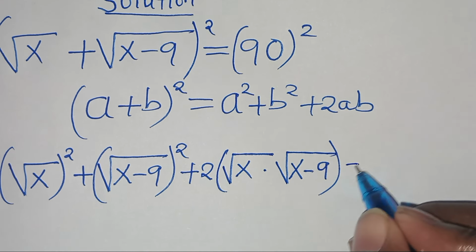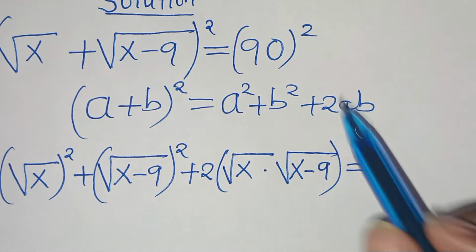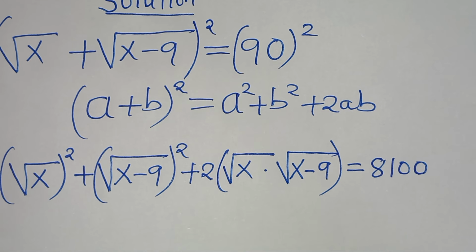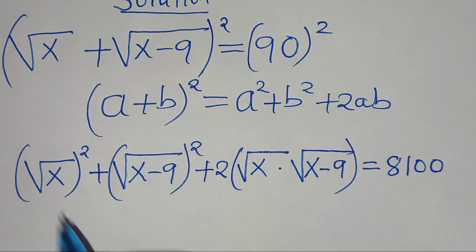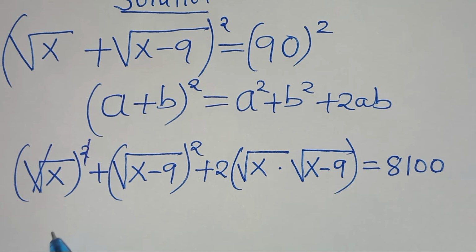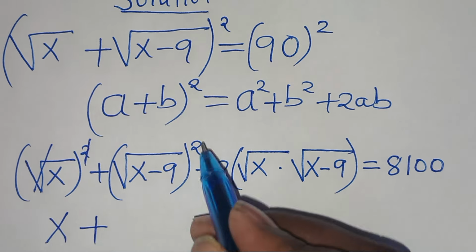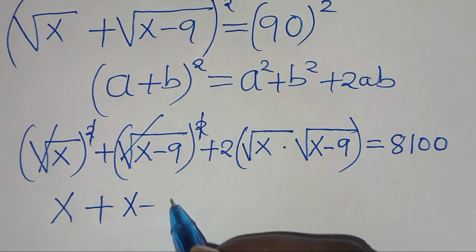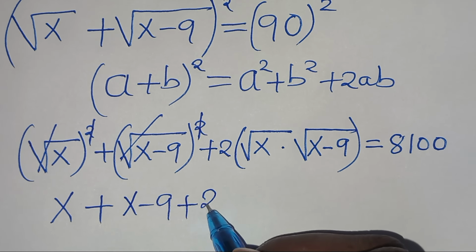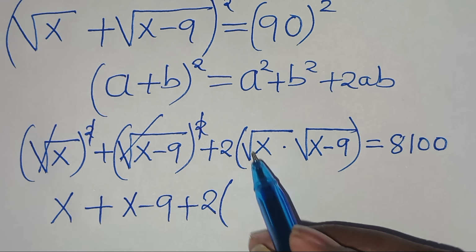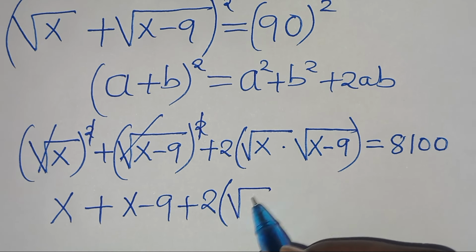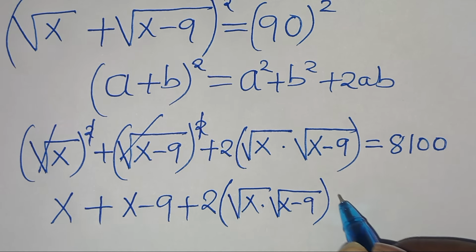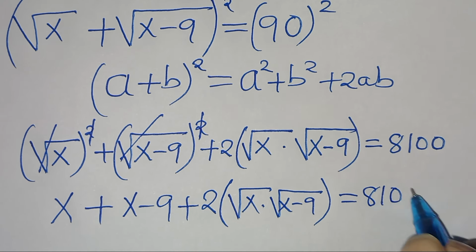This is equal to 90 raised to the power of 2, which is 8100. The next step is to eliminate the square root signs, so that we have x plus x minus 9, plus 2 into the parentheses, square root of x times square root of x minus 9, equal to 8100.